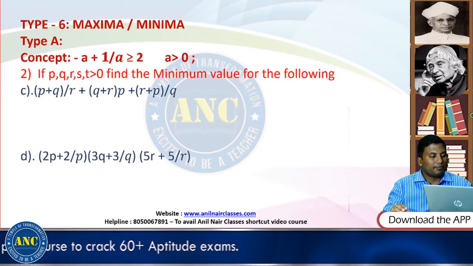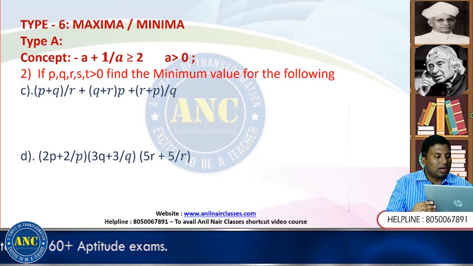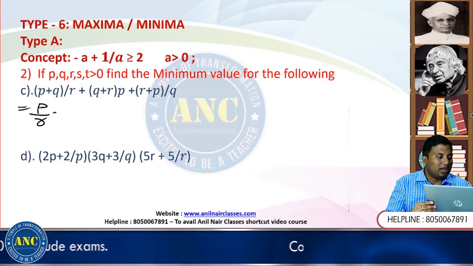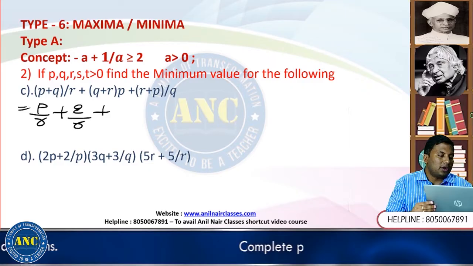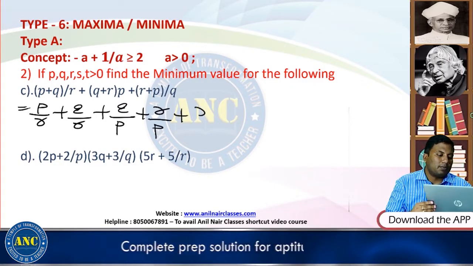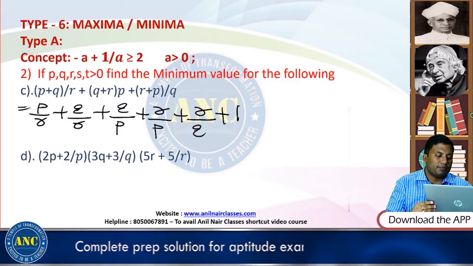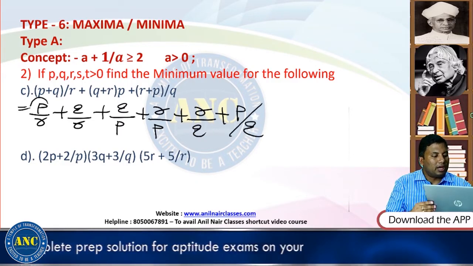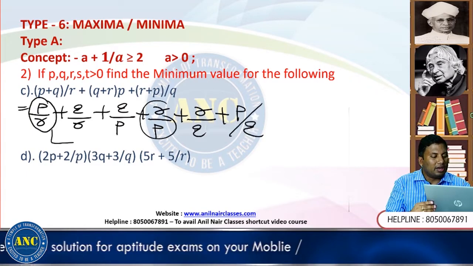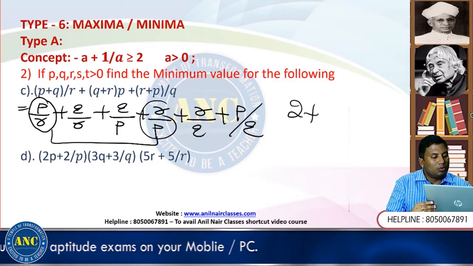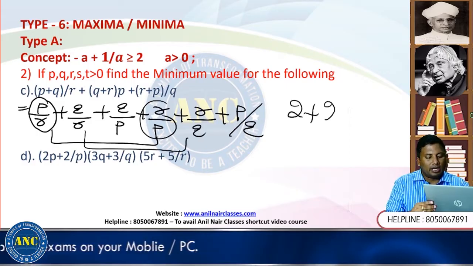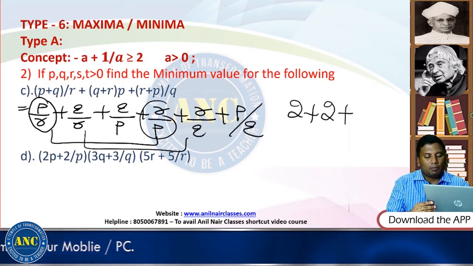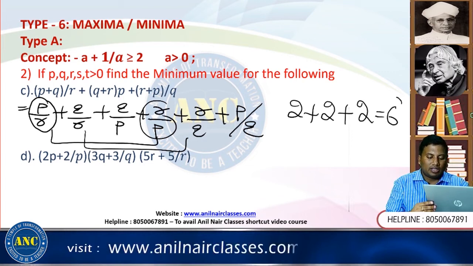Third question: P plus Q by R. If I open the bracket, P by R plus Q by R plus Q by P plus R by P plus R by Q plus P by Q. So P by R and R by P, variable and its reciprocal, 2. Q by R and R by Q, 2. Q by P and P by Q, 2. 2 plus 2 plus 2, answer is 6. I hope it is clear.